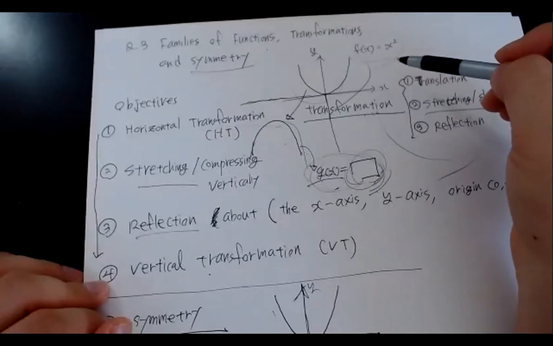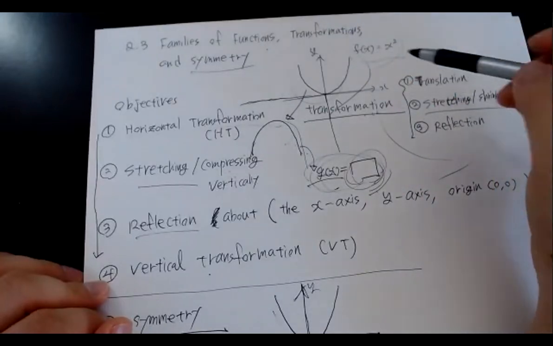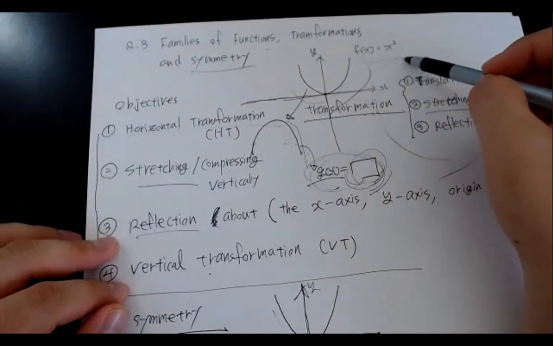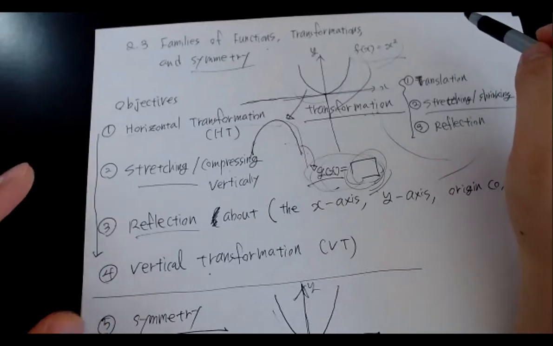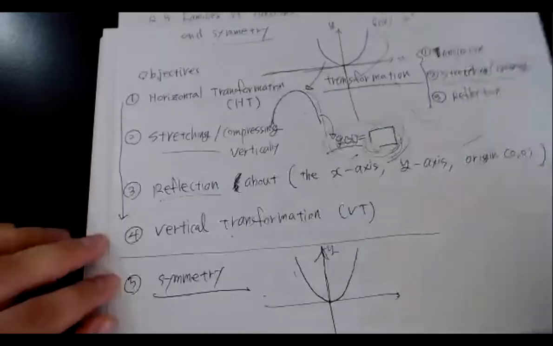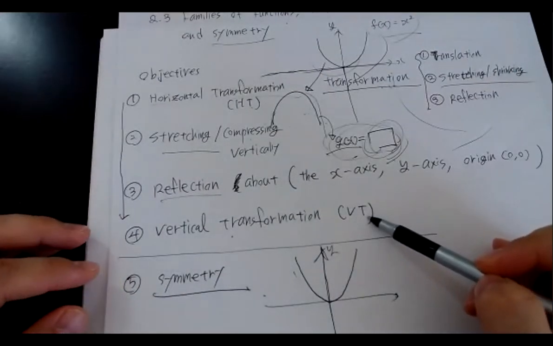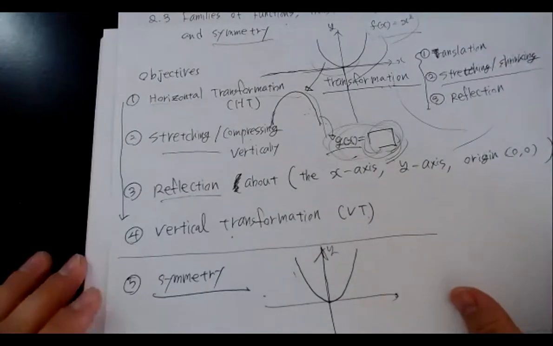Every function obtained by applying a transformation to the square function is a family member of the square function. Keep in mind this. So I'm going to introduce the HT and the VT, horizontal transformation and vertical transformation, at once, and then see a couple of examples and call it a day.